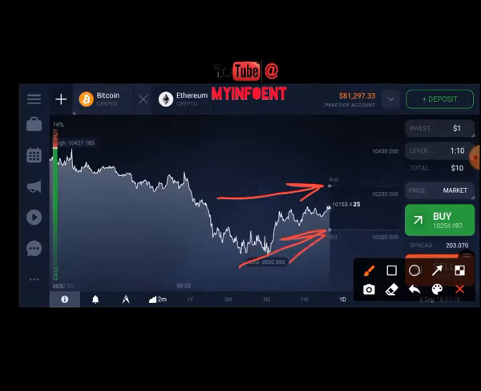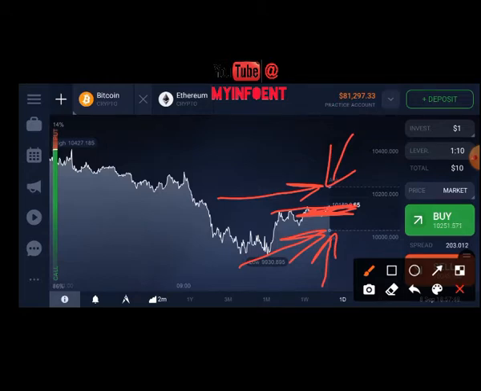This ask price here is the price the broker is willing to sell Bitcoin if you open a buy position. And this bid here is the price the broker is willing to sell Bitcoin if you open a sell position.